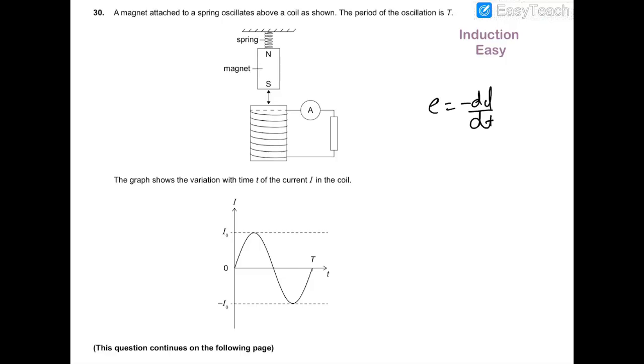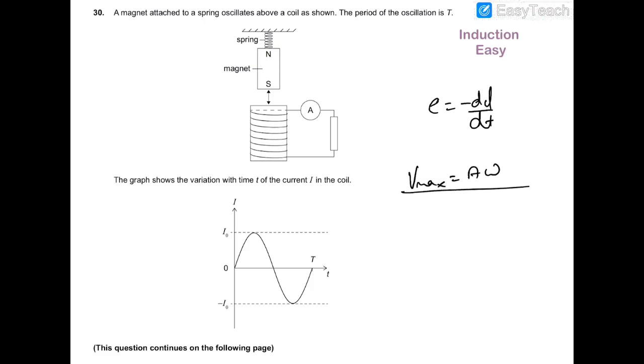Now the peak amplitude of the current depends on the peak amplitude of the EMF induced in the coil. And we know that when this bar magnet would have the maximum velocity, then EMF would be maximum. So V max would be equal to A omega.